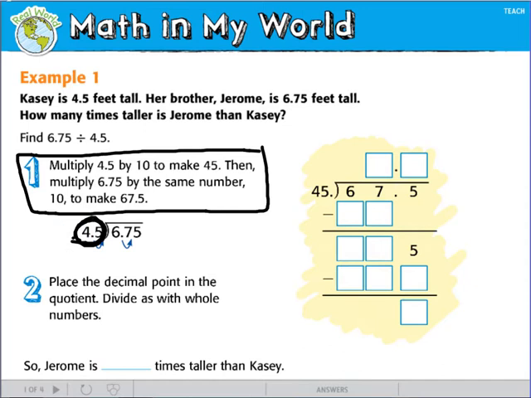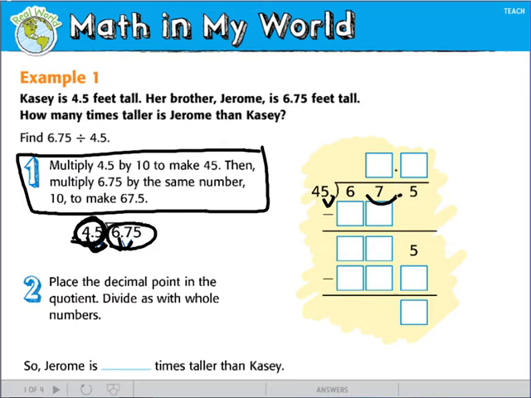Whatever I do to the divisor, I have to do to the dividend. So, how many times do they show you moving the decimal here? How many places? One place, right? So if I move that decimal one place, I have to move this decimal one place. Okay? So you can see they moved it from in between the 4 and the 5 to here, and in between the 6 and the 7 to here.